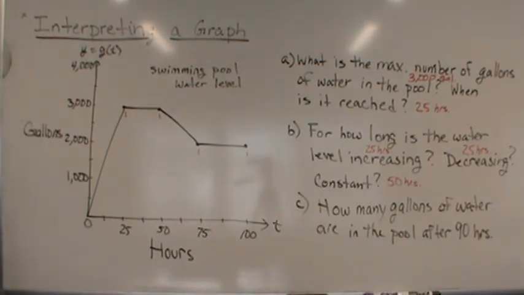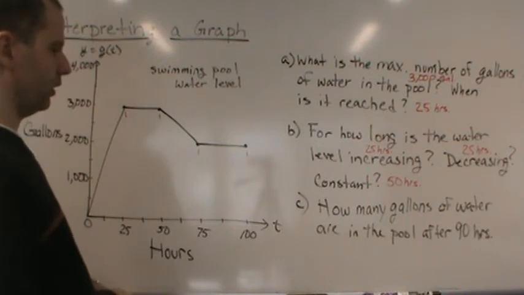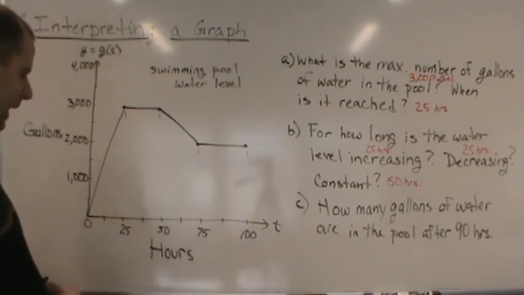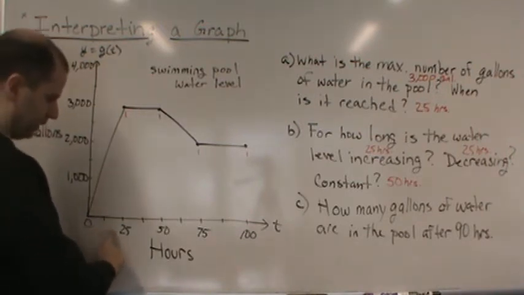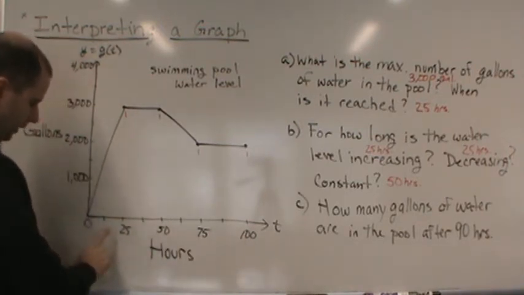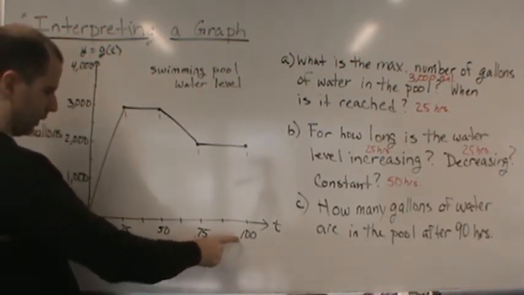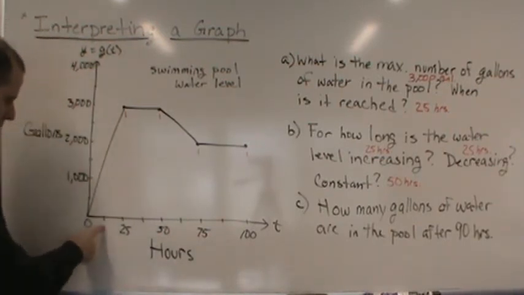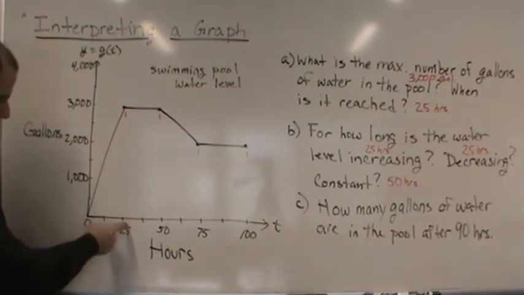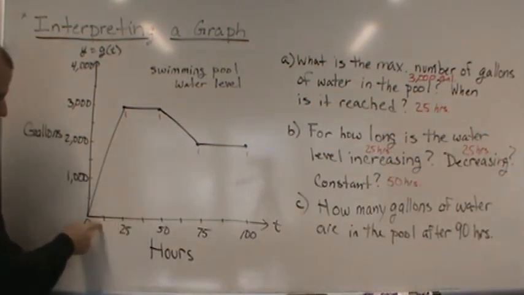Now, what about part C? Part C says, how many gallons of water are in the pool after 90 hours? Well, if we look at this here, it looks like it's increments of 25. So if we look at this halfway, this is going to be 12 and a half. So these are going to be halfway marks.